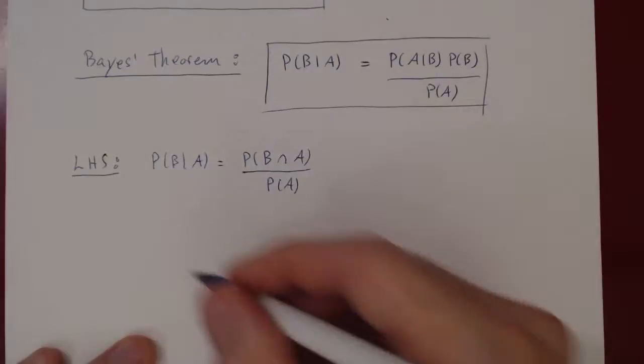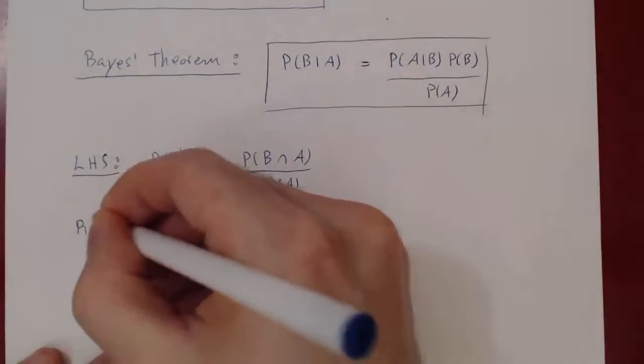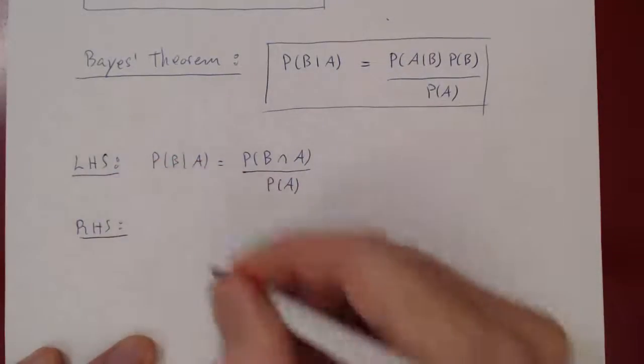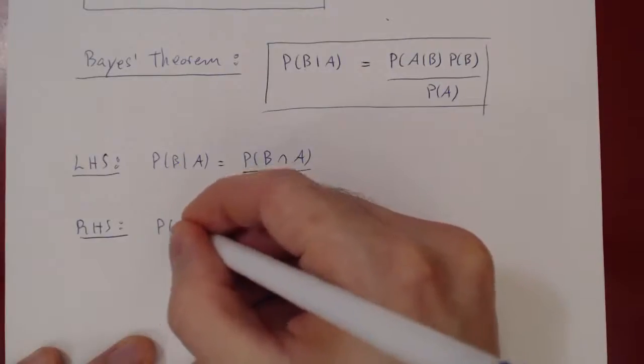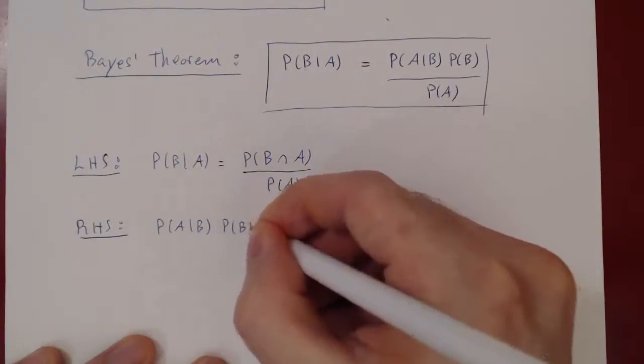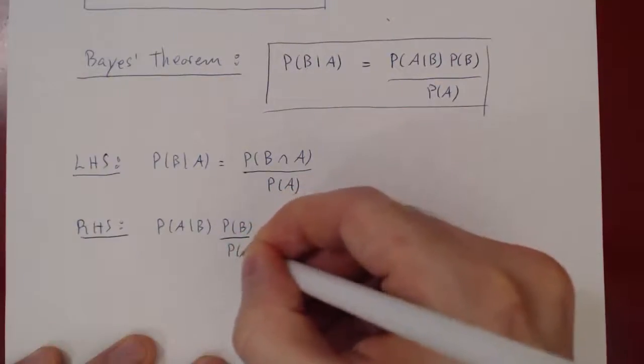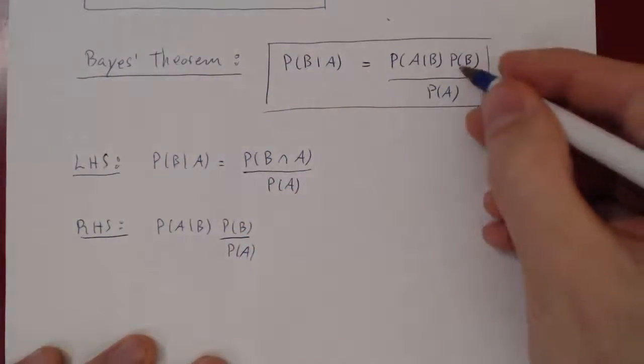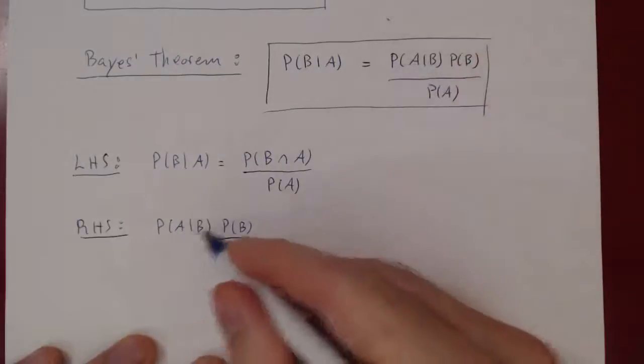Let's look at the right-hand side. We have P of A given B times P of B over P of A, right? P of B over P of A times P of A given B.